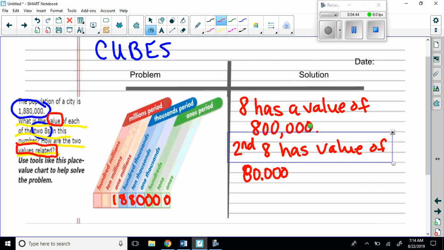All right, so I have solved, just by looking at this place value chart, the first question. I know the value of each of the 8s.